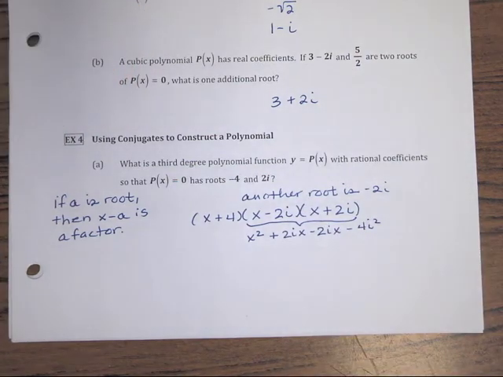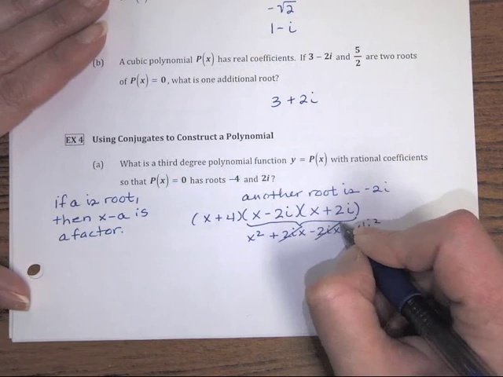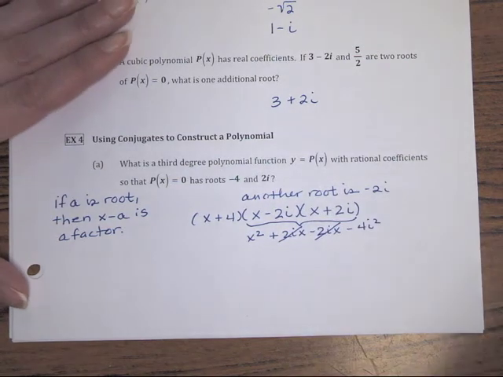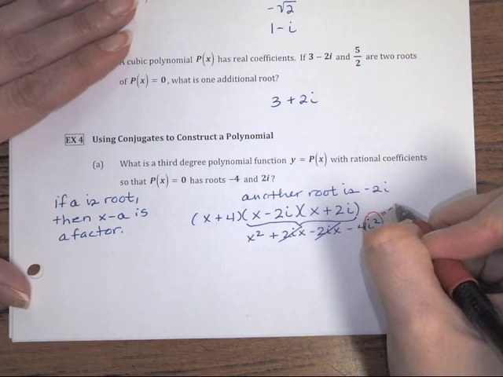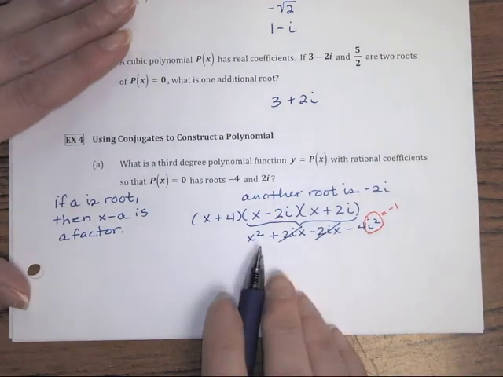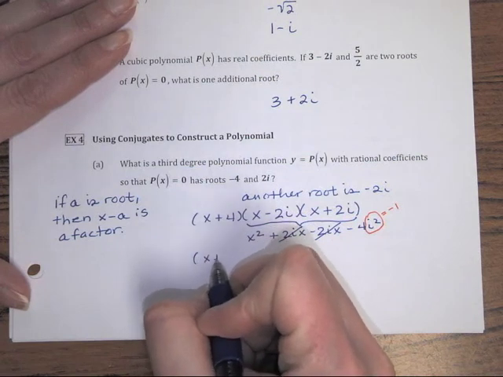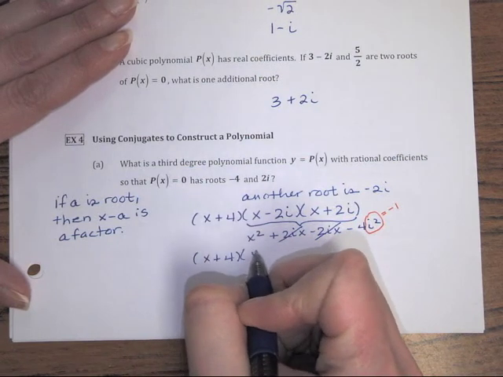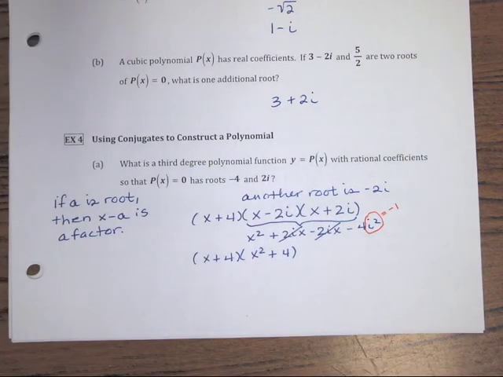Remember that from our unit on quadratics? So these guys cancel. And remember, i squared equals what? Okay. So this is really x squared plus 4, right? So I have x plus 4, x squared plus 4. Fair enough?